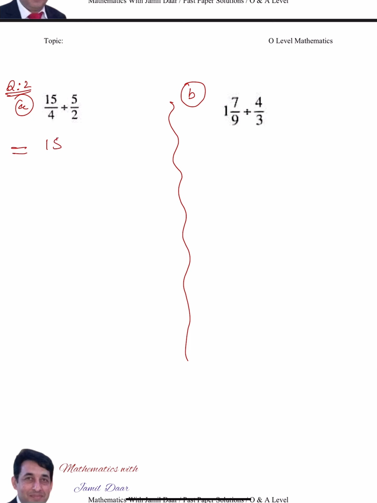So this is 15 by 4 divided by 5 by 2. So this will become 15 by 4 multiplied by the reciprocal of 5 by 2, which is 2 by 5.